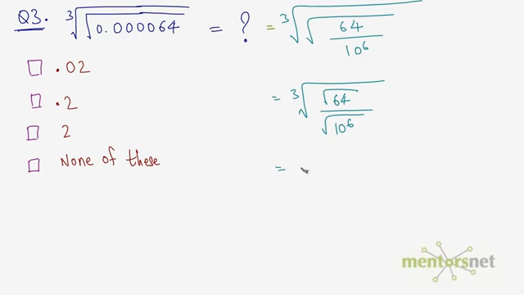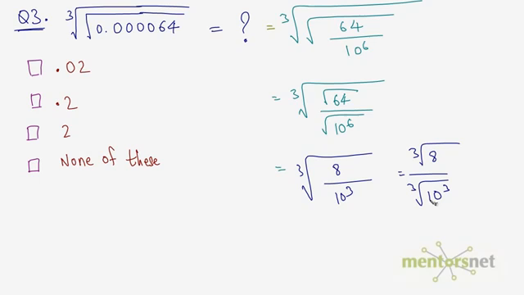Then under root of 64 is 8. 8 8s are 64. So there's the cube root right there. 64's under root is 8, by root 10 raised to power 6 is equal to 10 raised to power 3, which is equal to, now this can be simplified, cube root of 8 upon cube root of 10 raised to power 3.